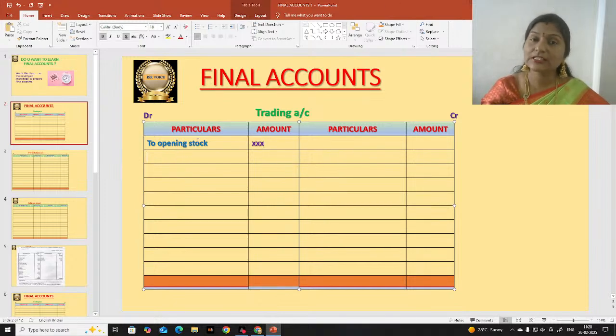And after this, the second item is always purchases. From purchases we are going to deduct purchase returns. If purchase returns are not there, then you write only purchases. If purchase returns are given in the question, then deduct purchase returns from purchases and then record it. Okay, how to write it, I will show that.